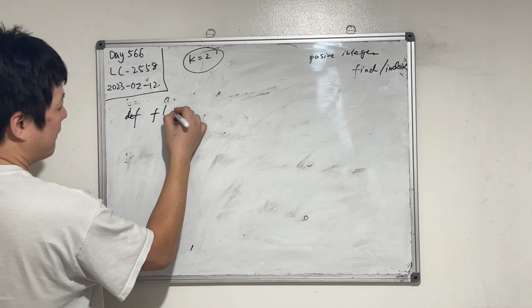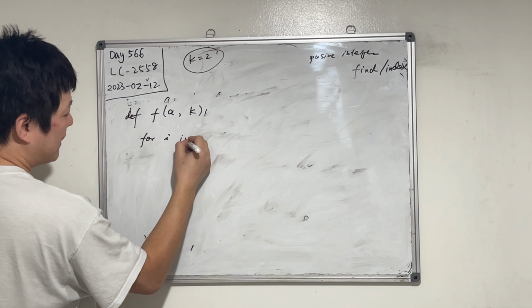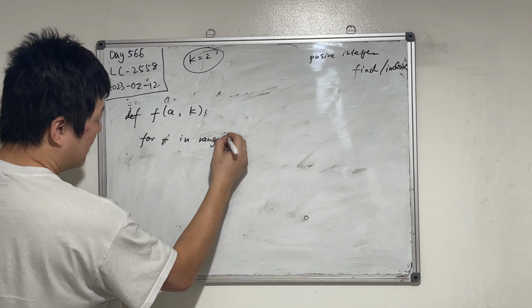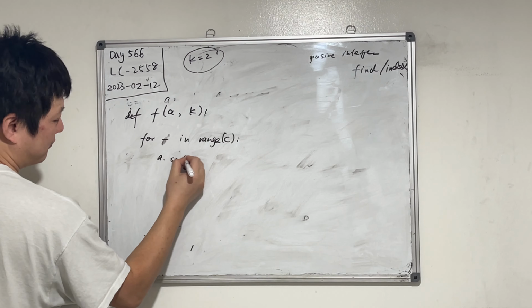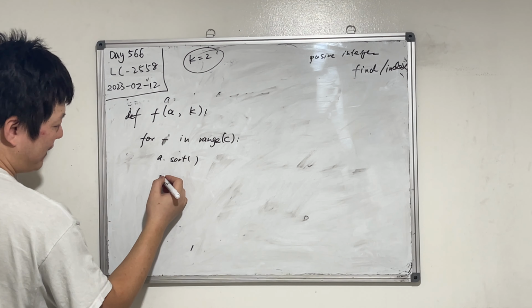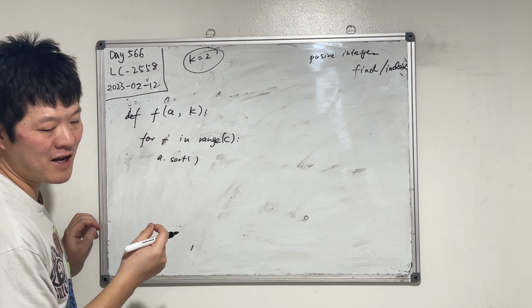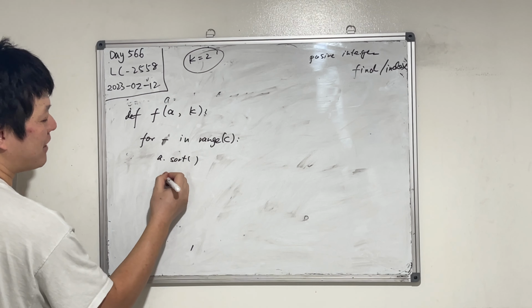Define f(array, k). For underscore in range k, because we don't actually need to use the variable. a.sort(). After sorting, where is the maximum? On the right, which is a[-1].